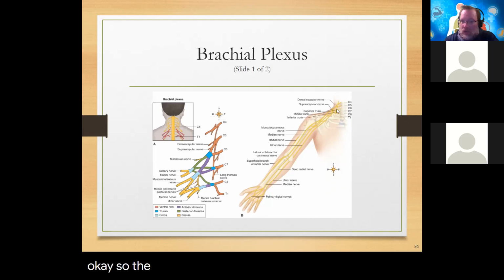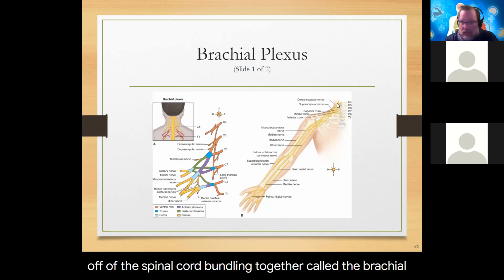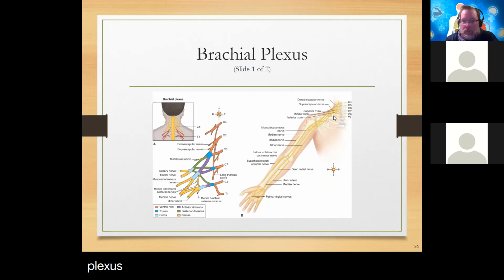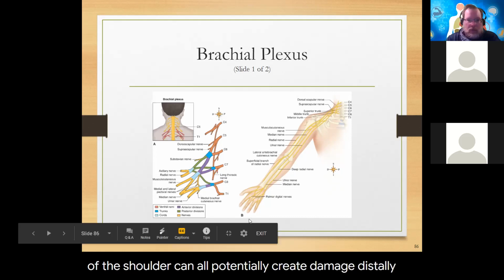Okay, so the lower cervical vertebrae have nerves coming off of the spinal cord, bundling together, called the brachial plexus. Okay. Hyperextension of an elbow, of a shoulder, a dislocation of the shoulder can all potentially create damage distally to the injury.